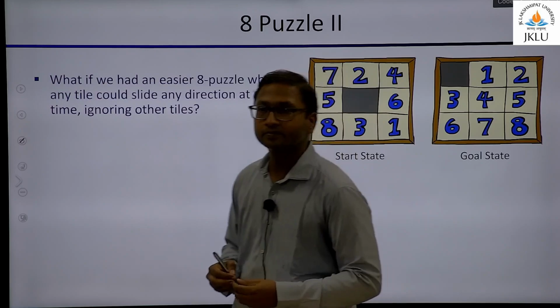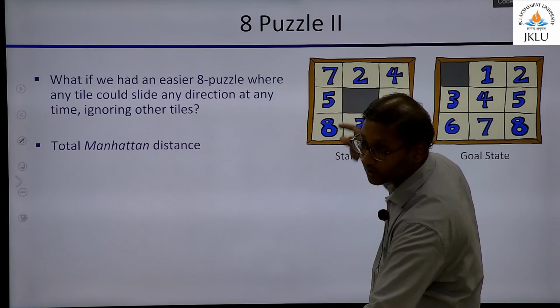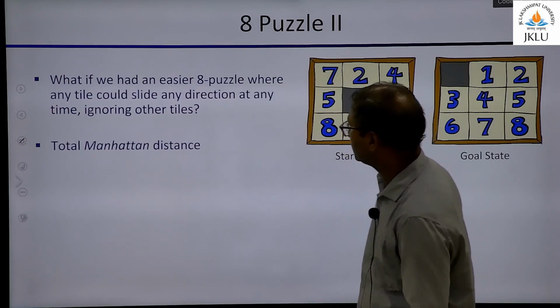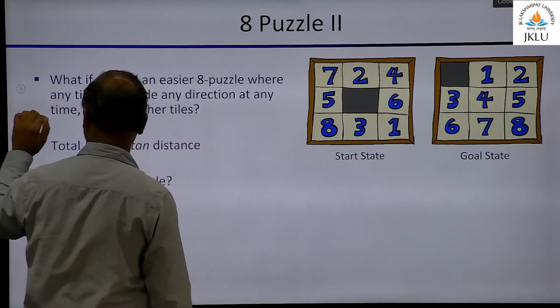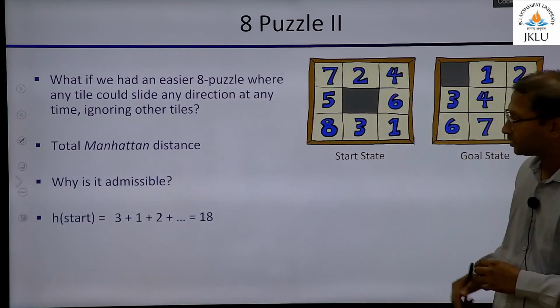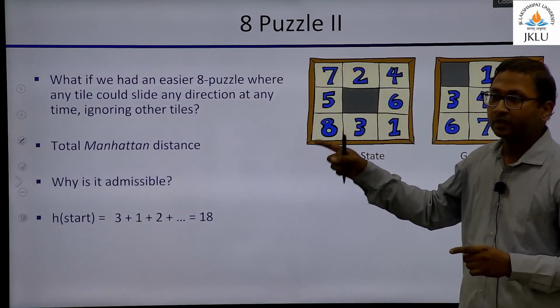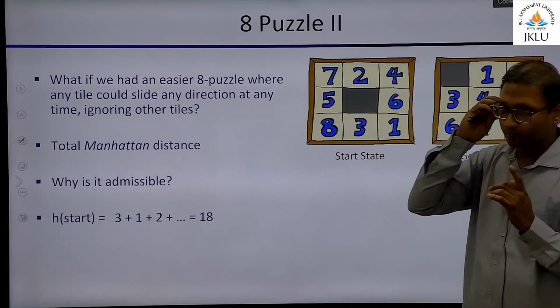The total sum will be the total Manhattan distance, and that gives you 18. Okay. Now tell me, for which version of the relaxed problem?